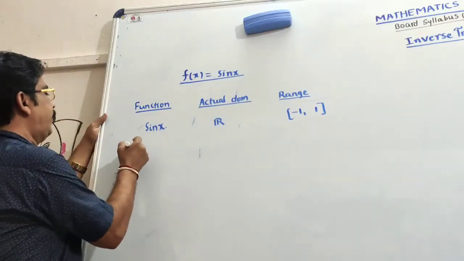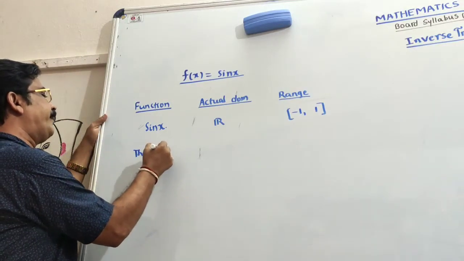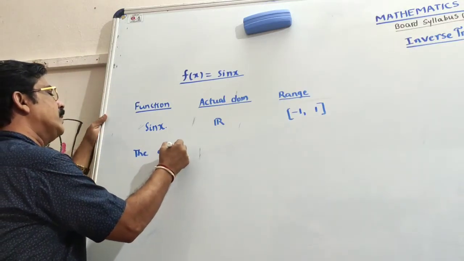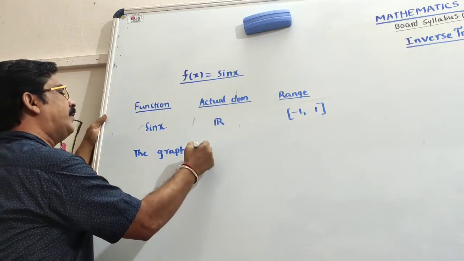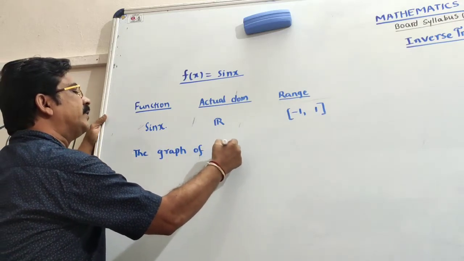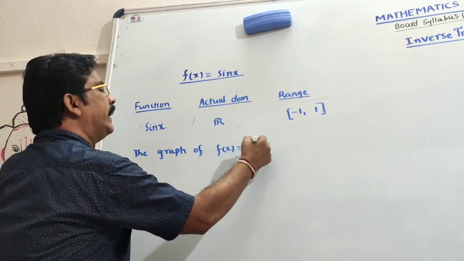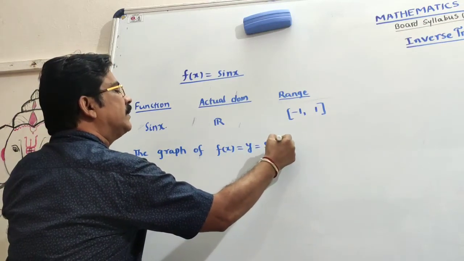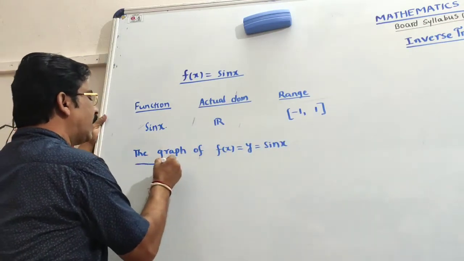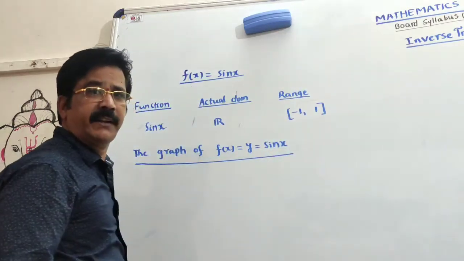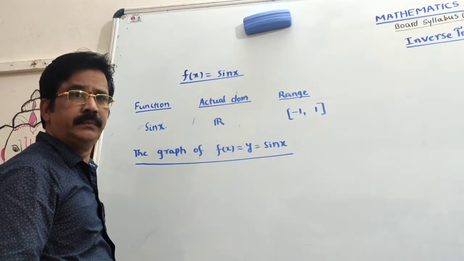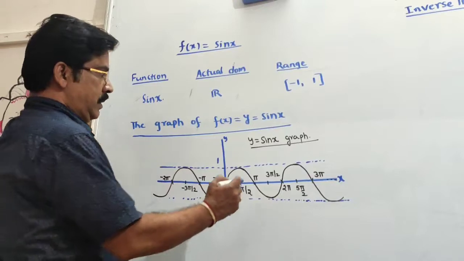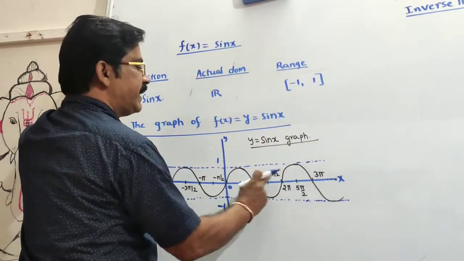Now the graph of f of x, that is equal to y, that is equal to sin x. Let us consider the graph of y equal to sin x. This is the y is equal to sin x graph.